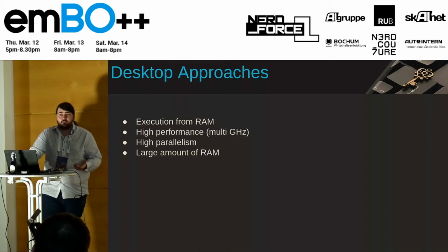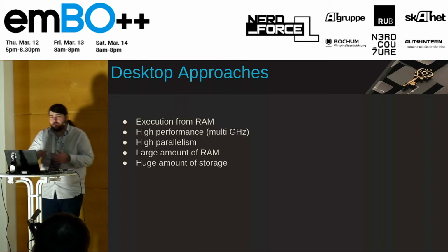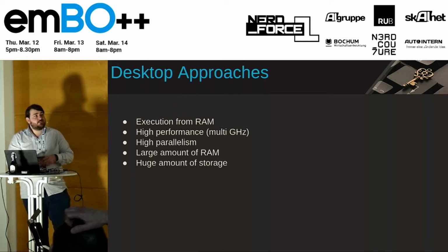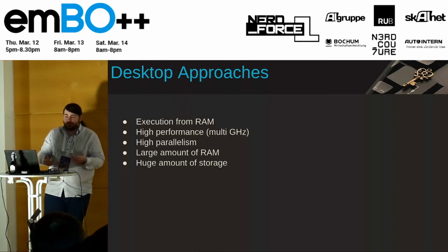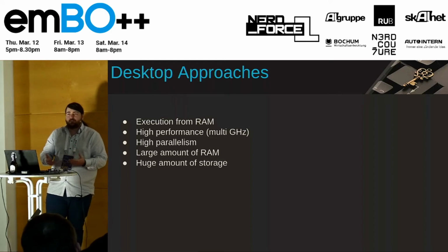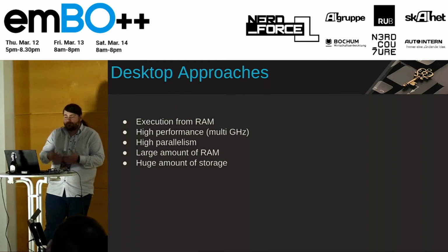And you have a really large amount of RAM, like 4 GB happens to be quite small nowadays, and we're talking about 32 GB of RAM. And you have a really huge amount of storage. So if your obfuscation happens to be really big once it is stored on your HDD in your file system, you don't actually care if it takes 1 GB for your binary, because there's enough space for it.